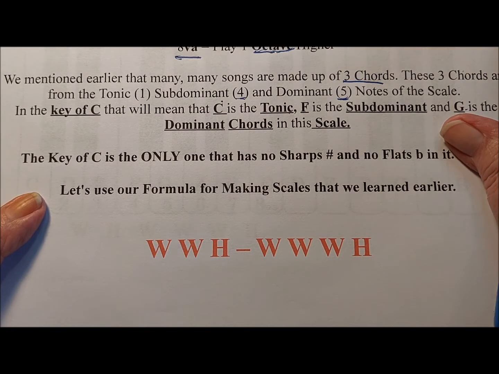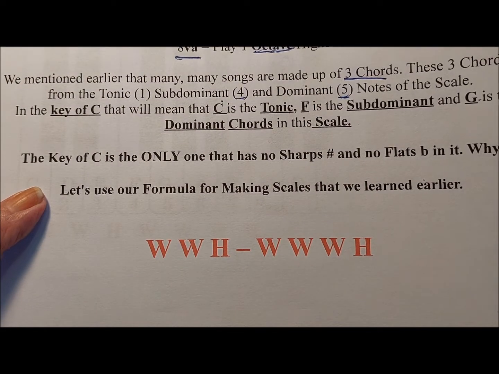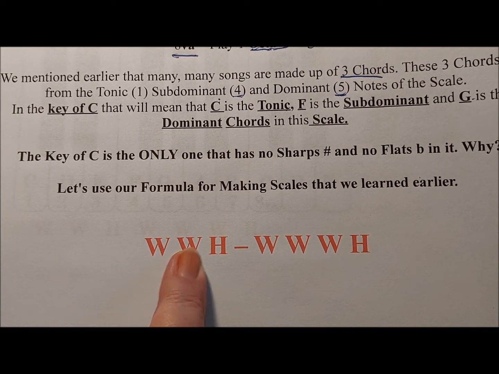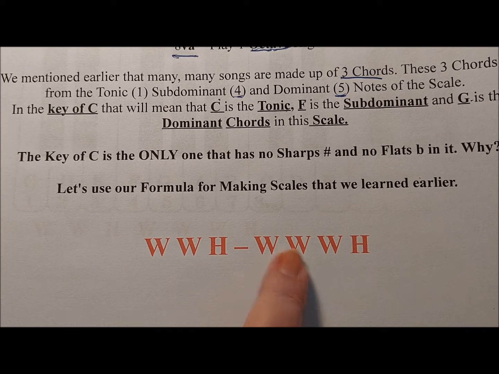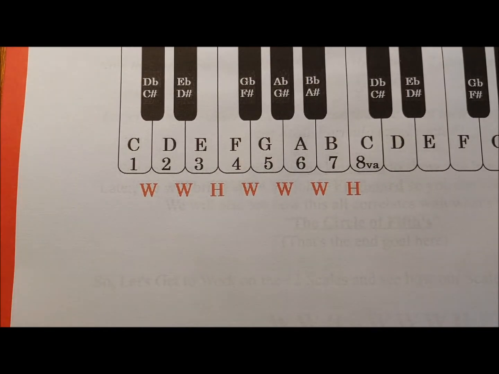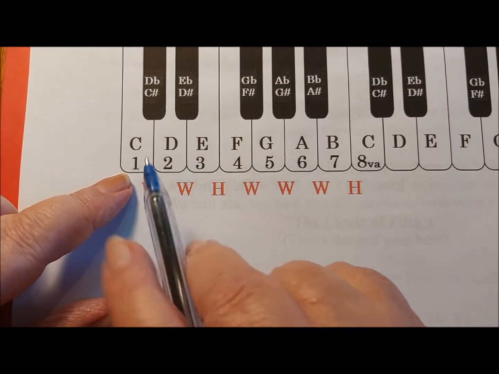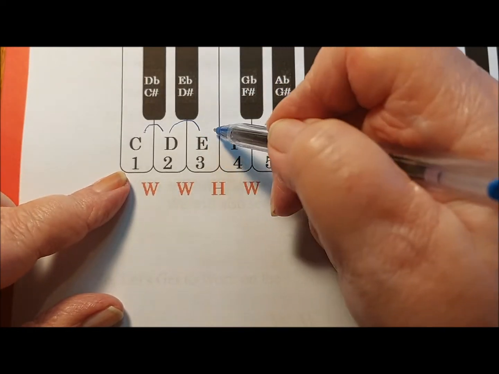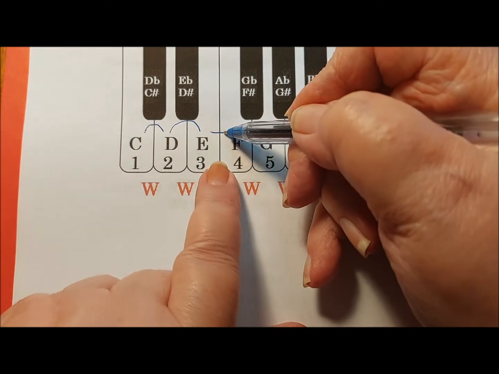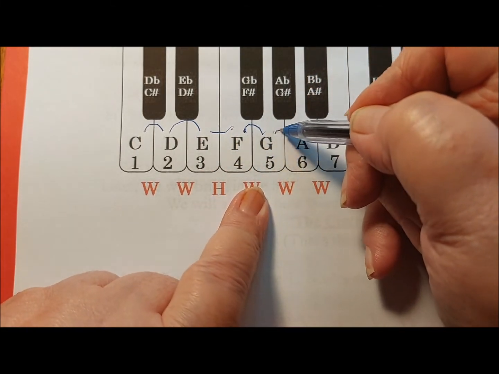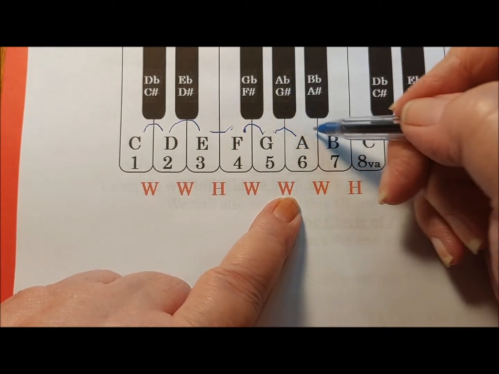Why? Well, let's use our formula for making scales that we learned earlier. Whole step, whole step, whole step, half step, whole step, whole step, whole step, half step. So we see this in the key of C, right? Here's 1 whole step, half step between the E and the F. F to G, we can do a whole step, because there's a black key there.